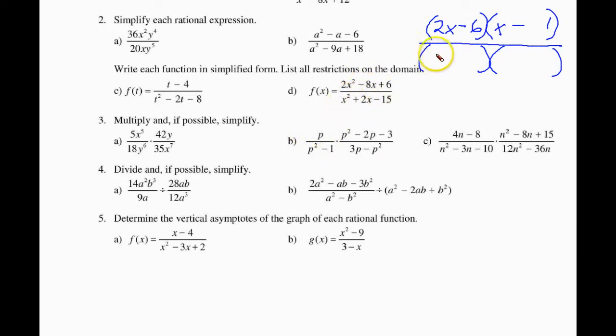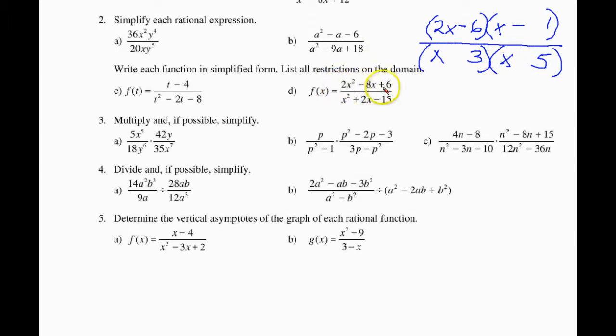Now this one, x, x, 5 and 3. Well, as I was looking at that, I saw that nothing looked like it was going to cancel out.